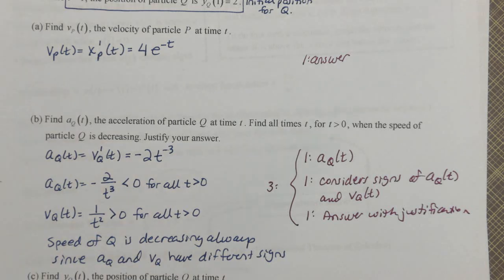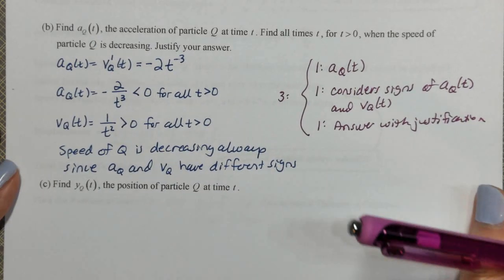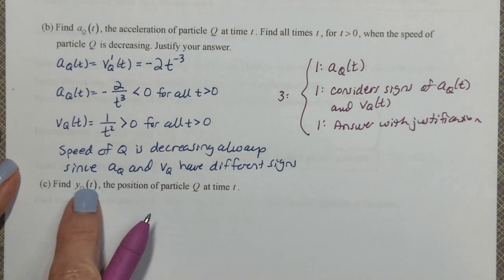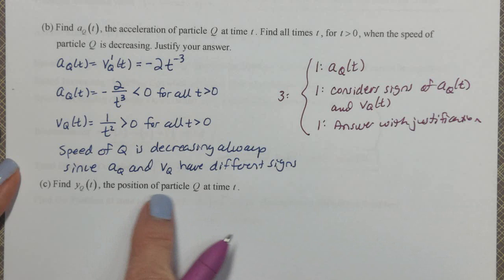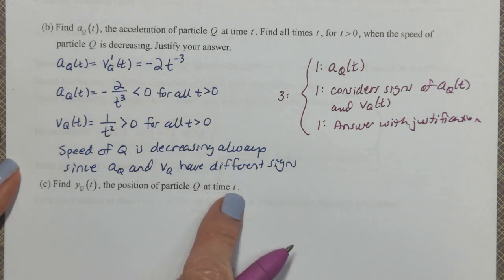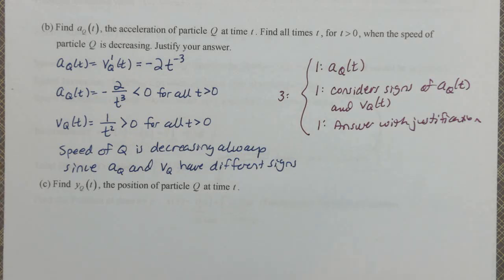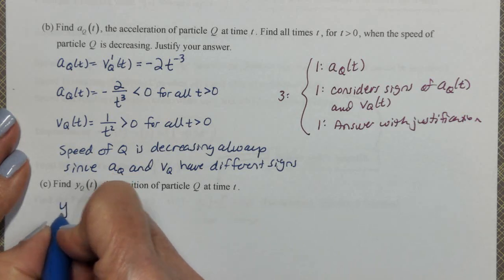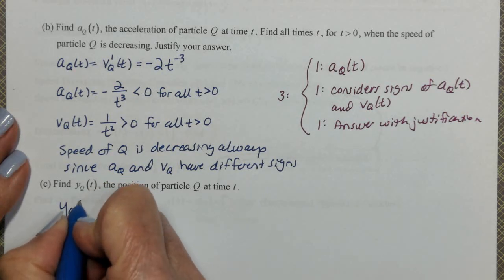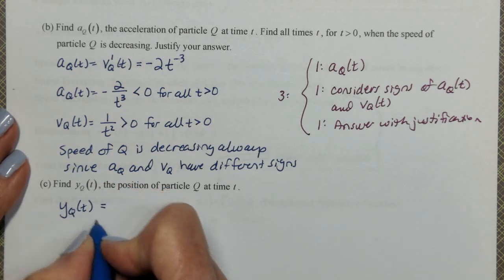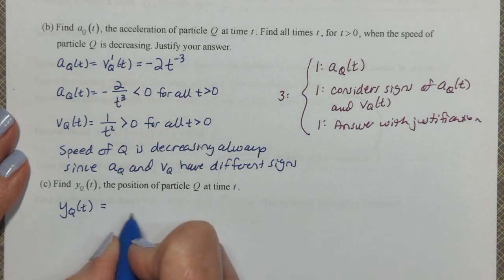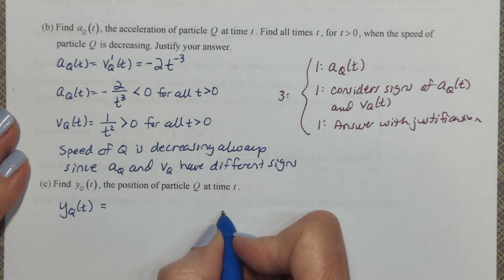Okay. Part C. Find y sub q of t, the position of particle q at time t. All right. Well, the position of q at time t will be the starting position plus the change in position.